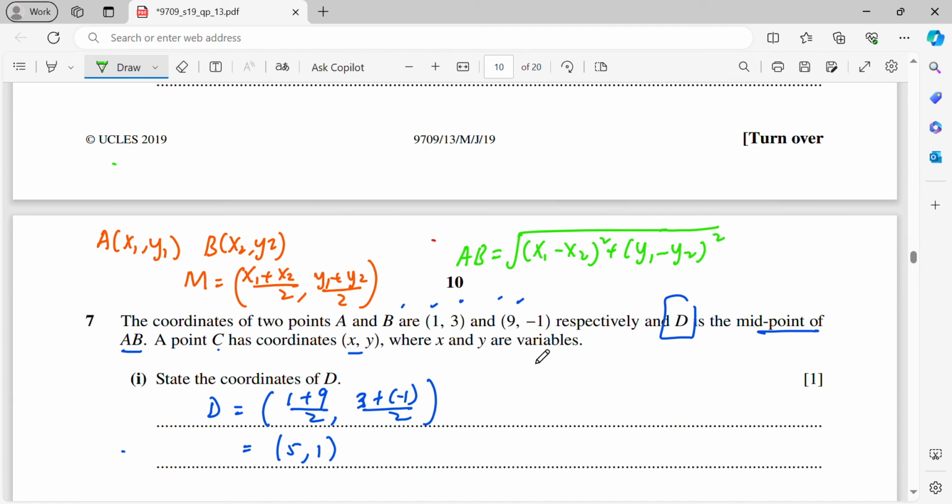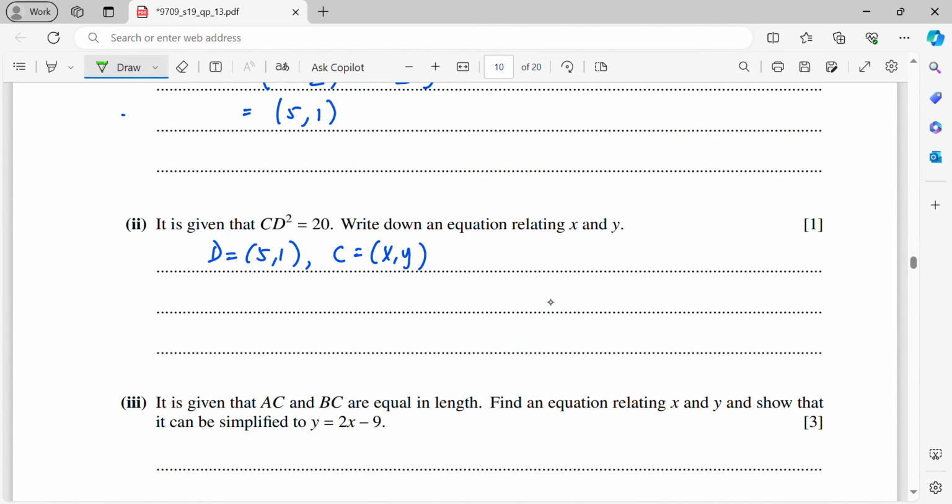for the length. So here, I will just use this formula. DC or CD is the square root of (5 minus x) squared plus (1 minus y) squared.